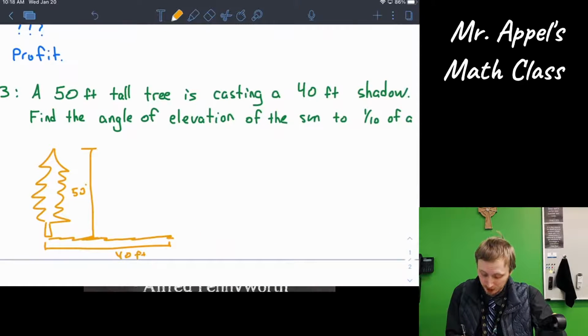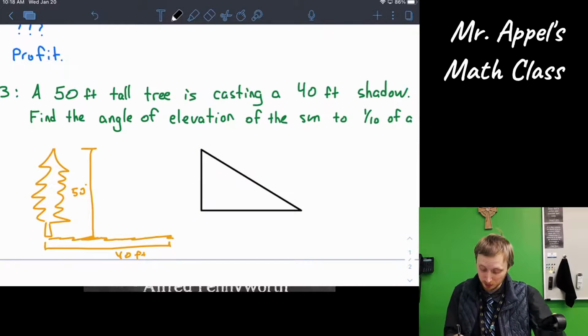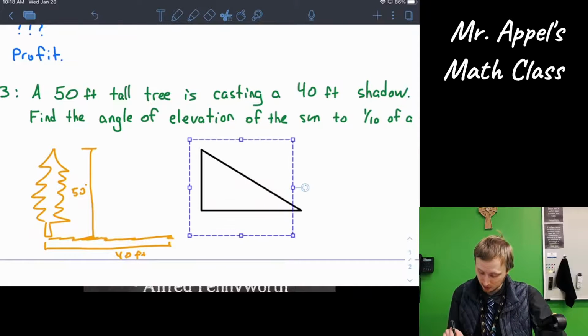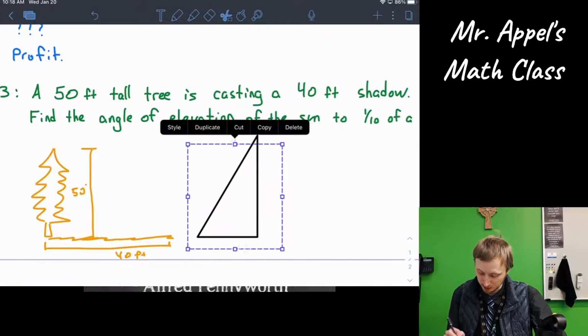So we can create our triangle here. There we go. And it should go the other way, right? It's taller than it is wide. So is that better?